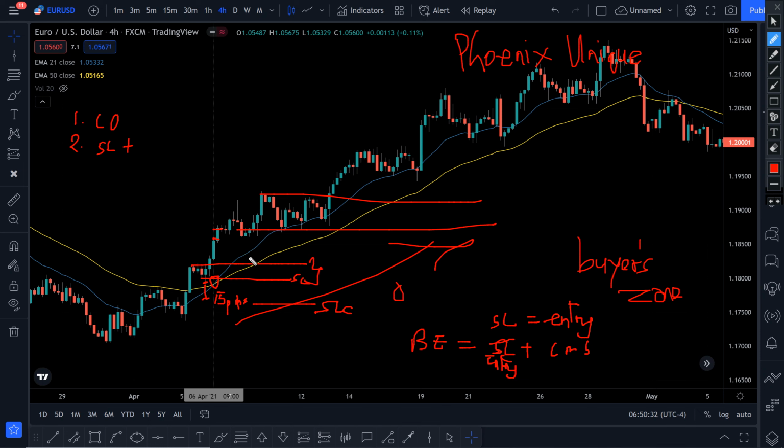So instead of putting your stop loss at the lowest wick, rule number two says your stop loss will be where you have the lowest wick, plus 15 pips. Okay. Rule number three, which is for trailing the stop loss, is you wait for new demand zone. New demand zone.